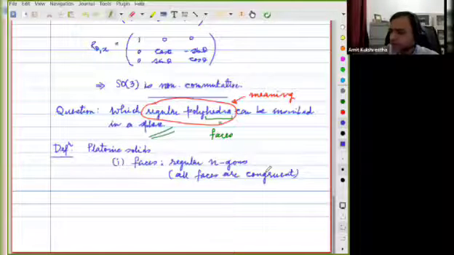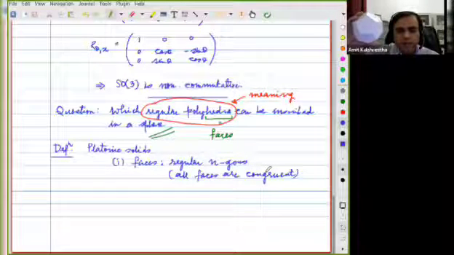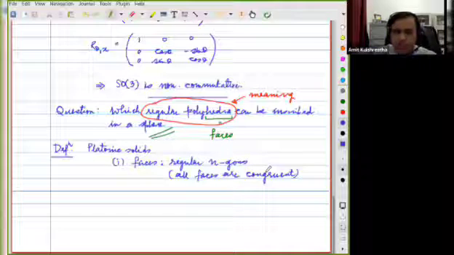Similarly, all faces are regular pentagons here. So that is the first part.